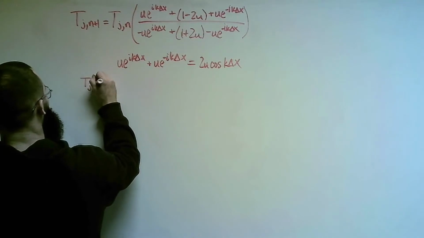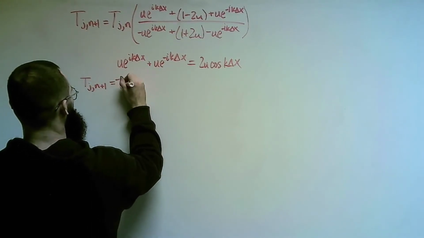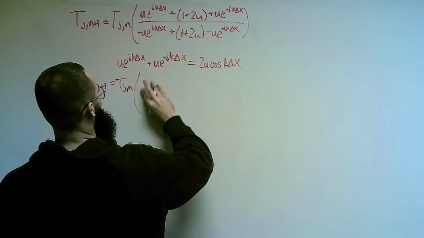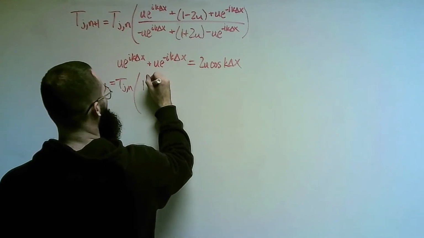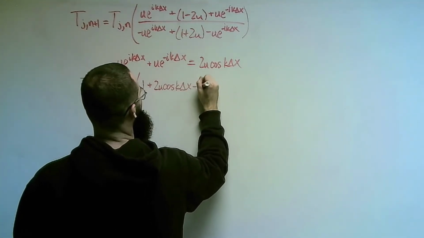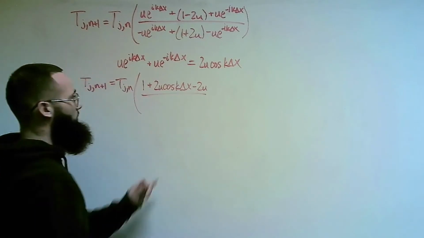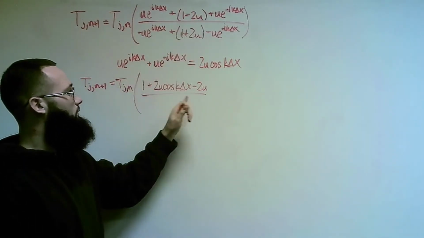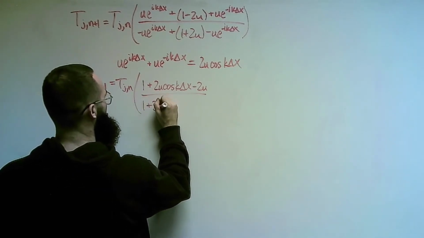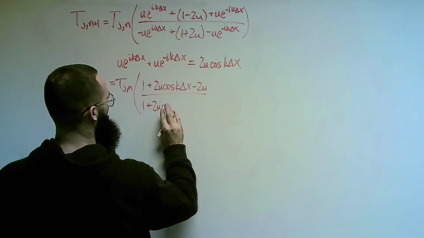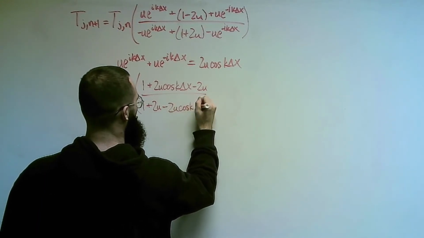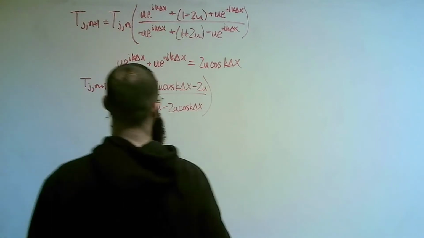That gives us T_j^{n+1} equals T_j^n times, let's start with the 1, 1 plus 2u cosine k Δx minus 2u. As you can see, I've just split up the 1 minus 2u so I can combine them in the next step. And that's going to be over 1 plus 2u minus 2u cosine k Δx.